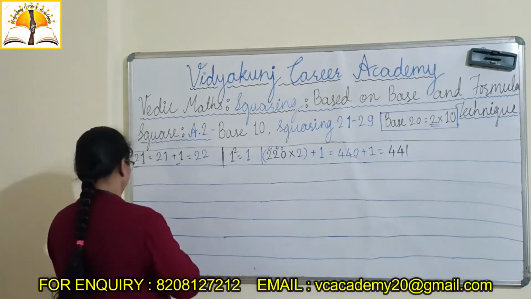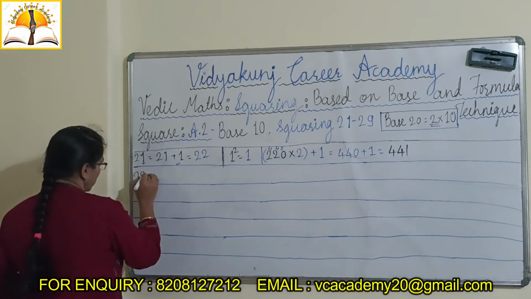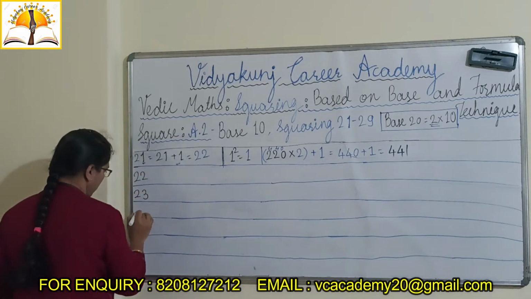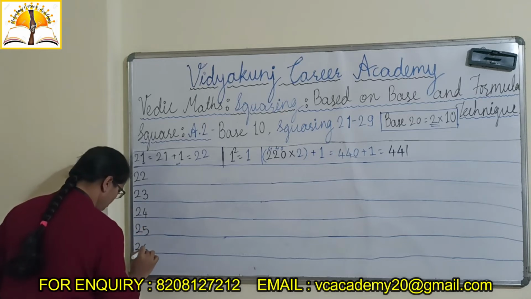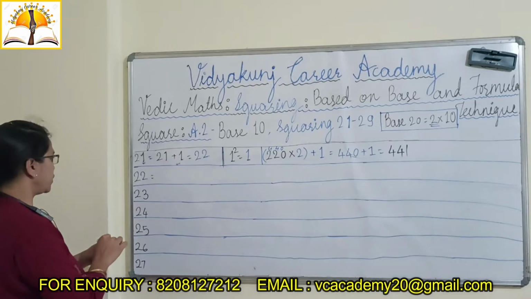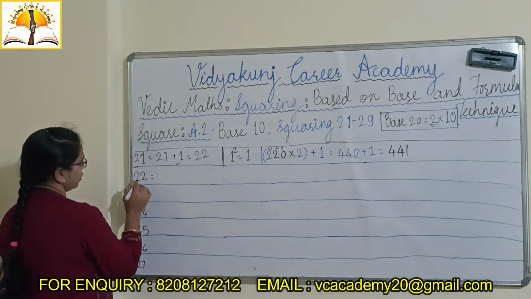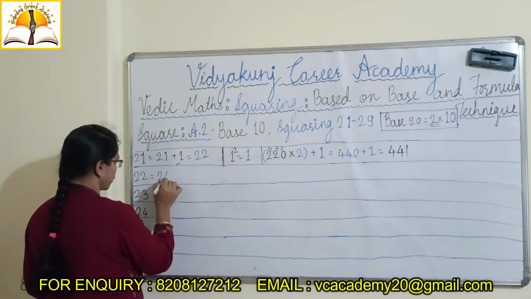Okay. See. Now, what will I do here? I will just write the numbers. Okay, this one. What we have to do here? 22 plus 2. What will be the answer? 24.